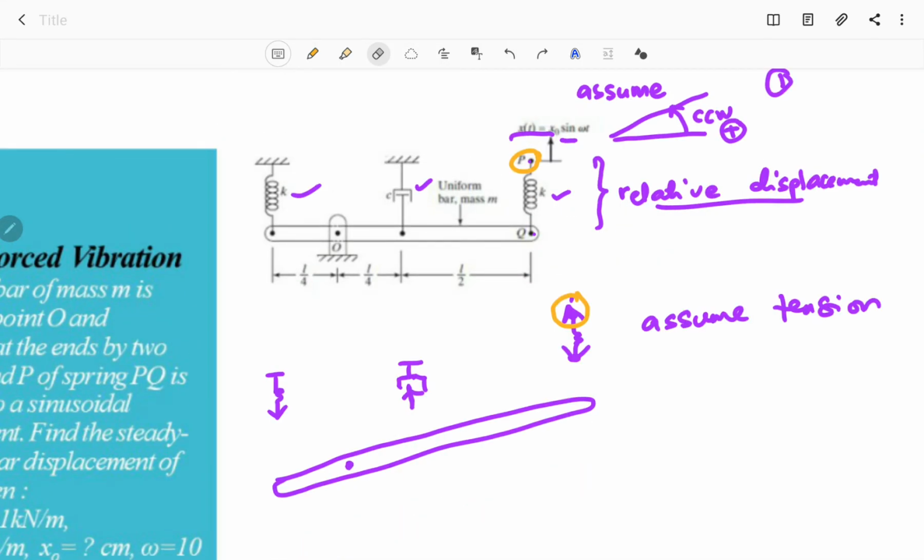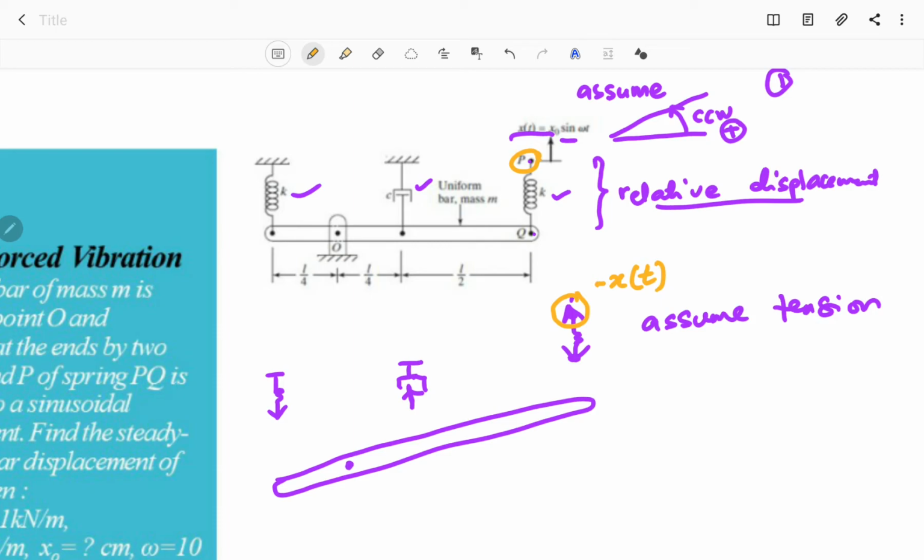So when we have that, we can write here that this one you're going to get negative x, which is the whole thing, negative x of t, because it's in the opposite direction.